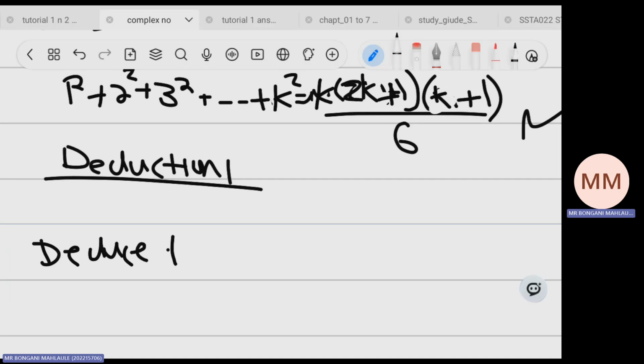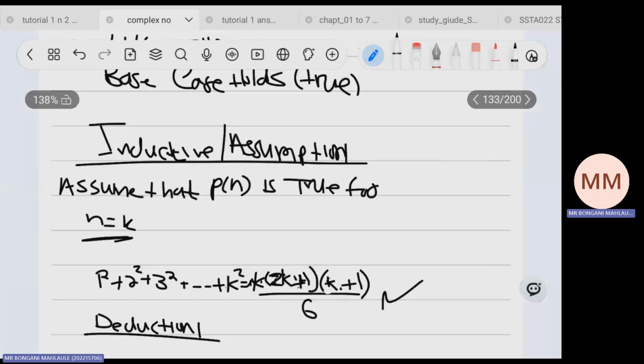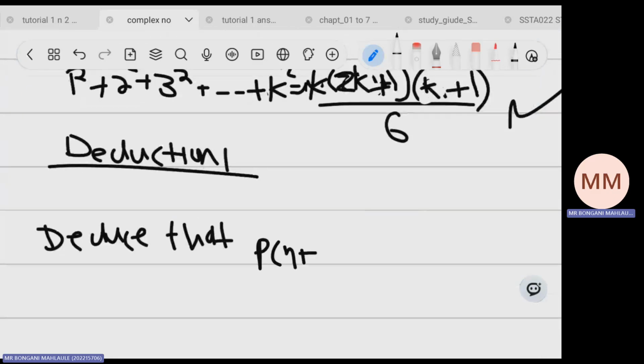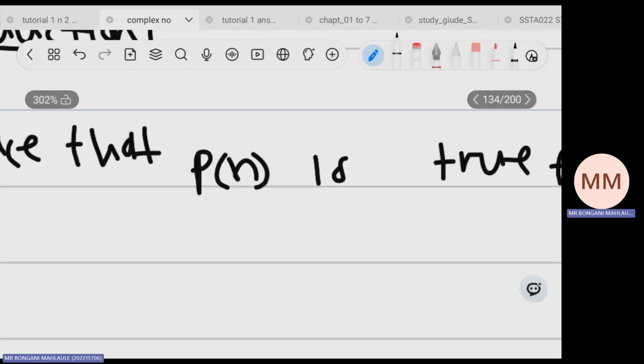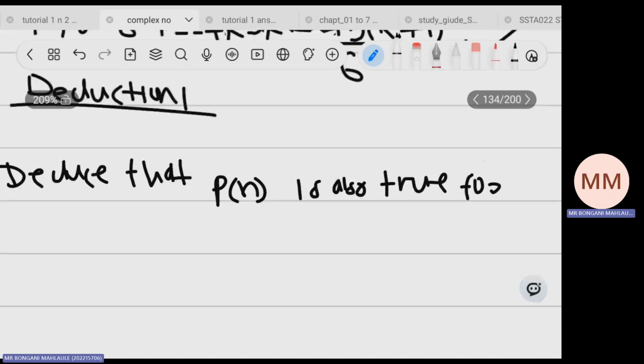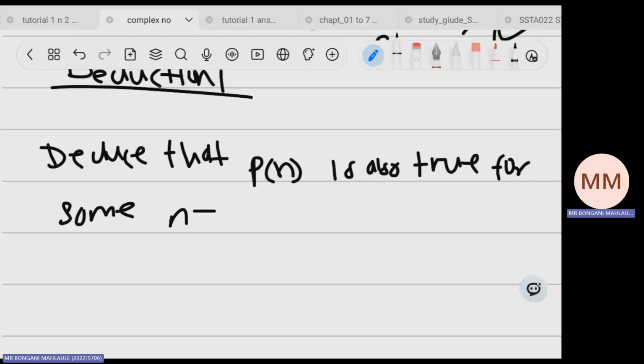We can deduce that P of n plus 1, let's just say deduce that P of n is also true for some value of n equal to k plus 1.